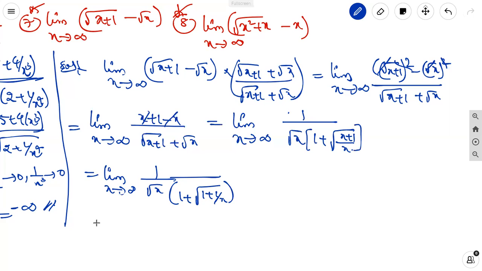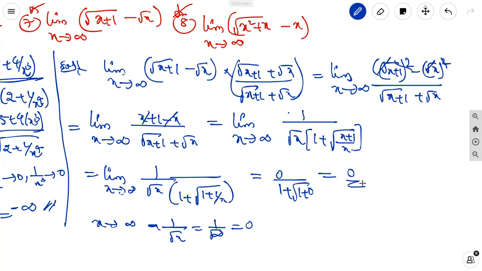When x tends to infinity, 1 by root x, that is 1 by root infinity, goes to 0. So this is equal to 0 by 1 plus under root of 1 plus 0. It is equal to 0.